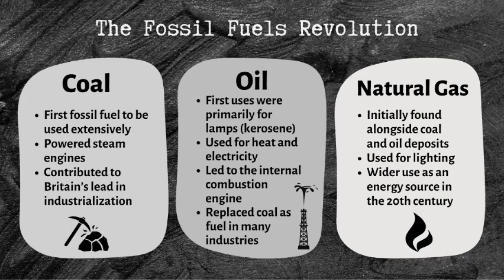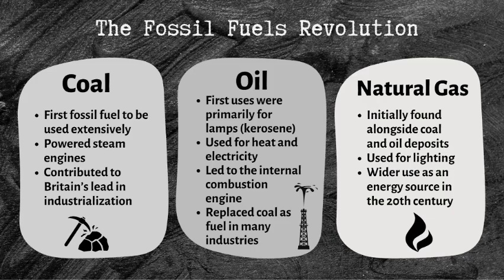Coal kicked off the fossil fuels revolution by making steam-powered machines a reality. We know that Britain had access to coal, and this was one of the factors that made Britain the leader of the Industrial Revolution. Oil replaced coal as a fuel source in many industries during and after the Second Industrial Revolution.